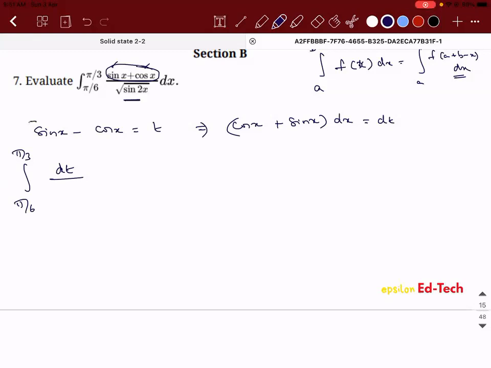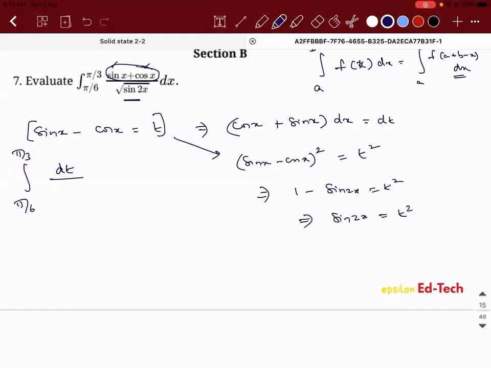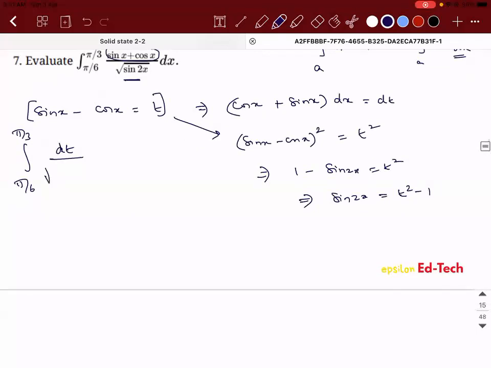So what we can do is square it. Sin x minus cos x the whole square is equal to t square, which implies 1 minus 2 sin x cos x, that is 1 minus sin 2x, is equal to t square, which implies sin 2x is equal to t square minus 1. So it becomes dt divided by root of t square minus 1.